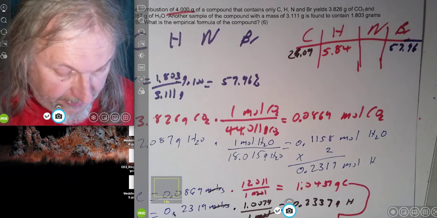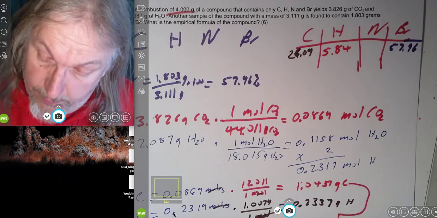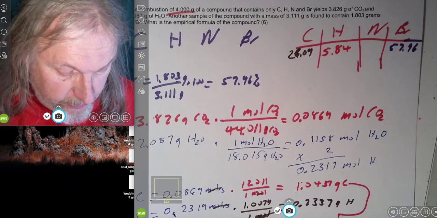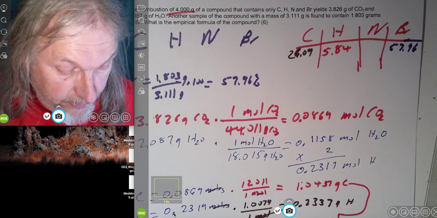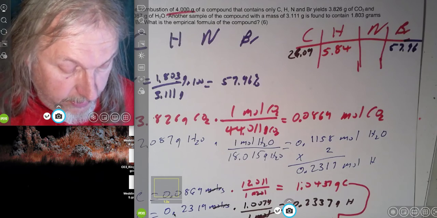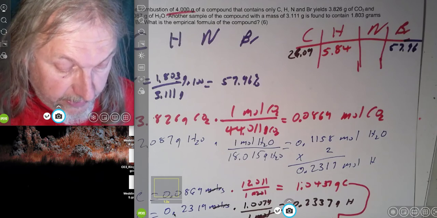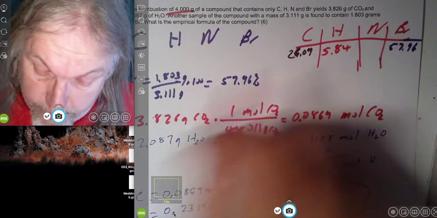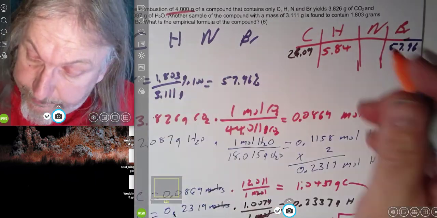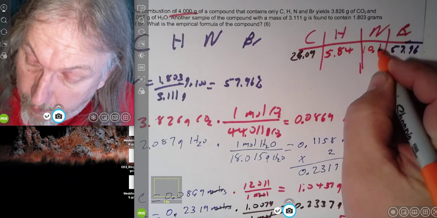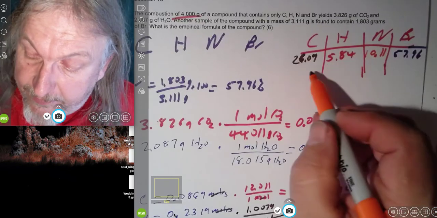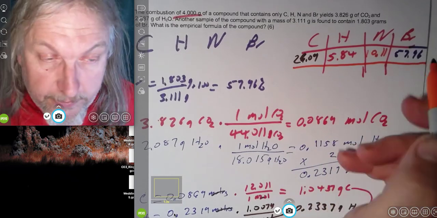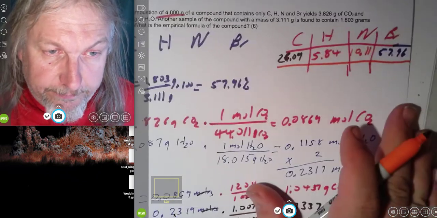So 5.84 plus 26.09 plus 57.96 minus 100. That's going to give me 10.11% nitrogen.